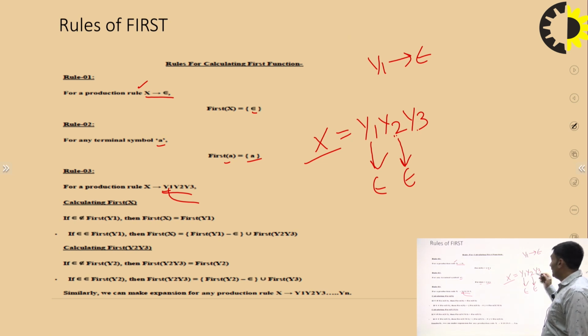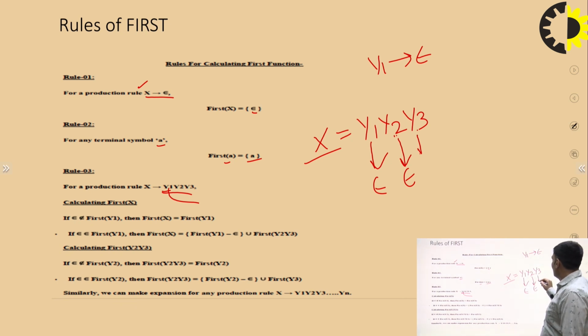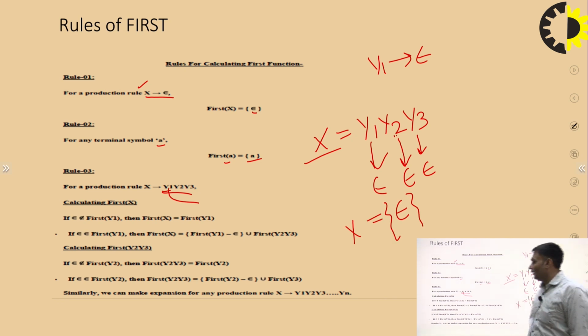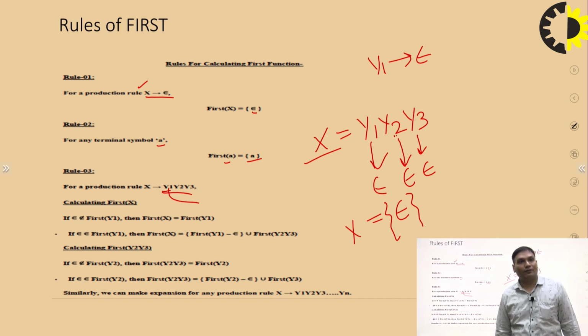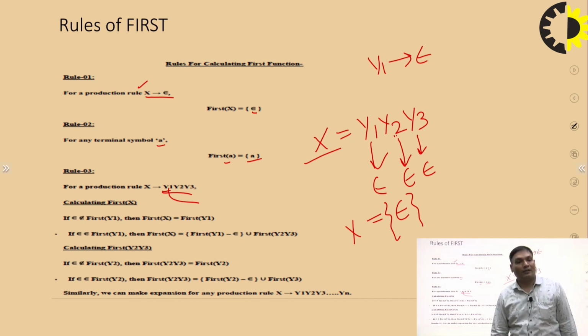And if there may be a case where Y3 is also generating epsilon, then the first of this X will be epsilon. So in this way we will calculate the first of any rule or a non-terminal.